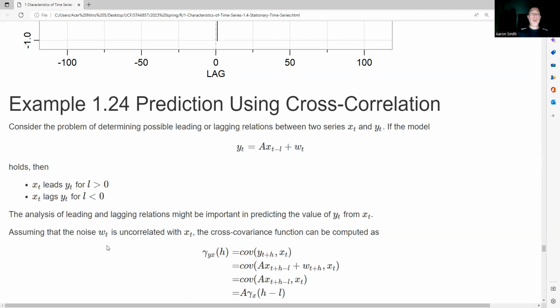Now, if we assume that our noise term is uncorrelated with x sub t, the cross covariance function can be computed very easily.